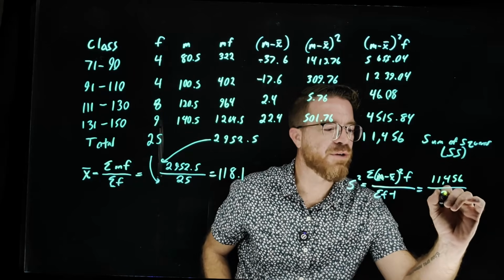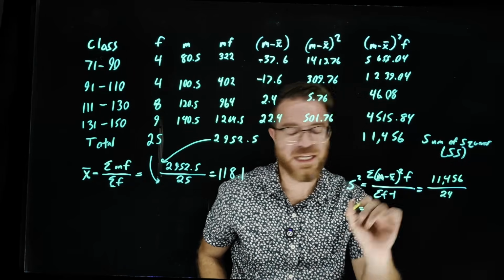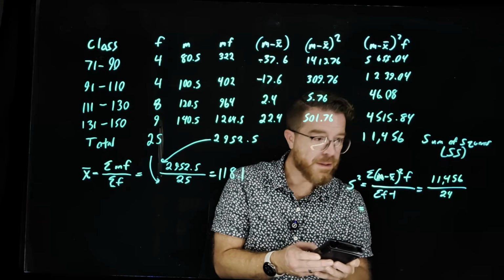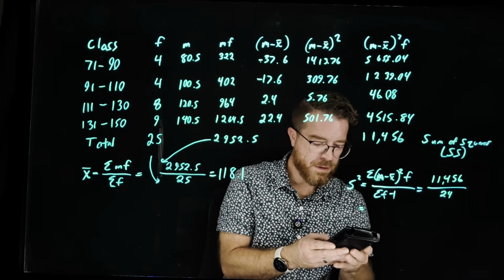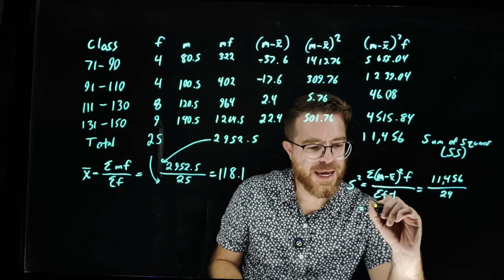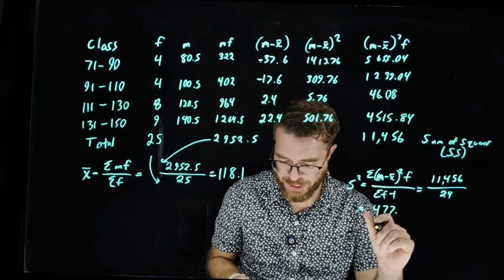So divided by 24. This is going to give us a sample variance of 477.33.